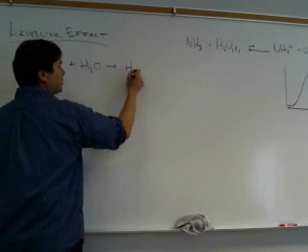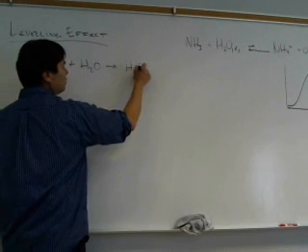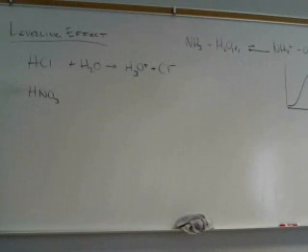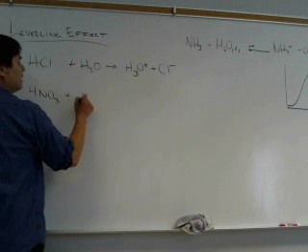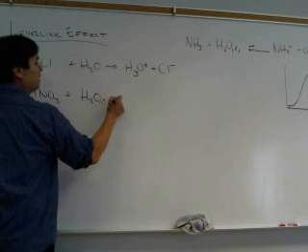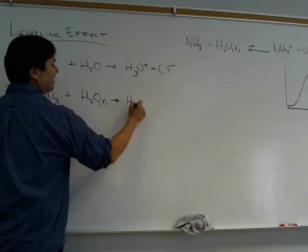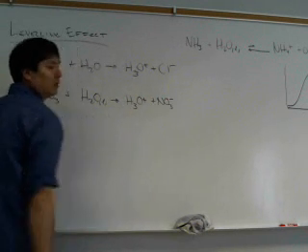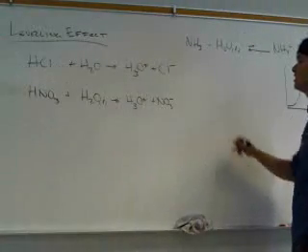They hydrolyze completely to form hydronium and chloride in this case. HNO3 is weaker, but it's plenty strong to react completely with water to form hydronium and nitrate. And so maybe one analogy to this is this.